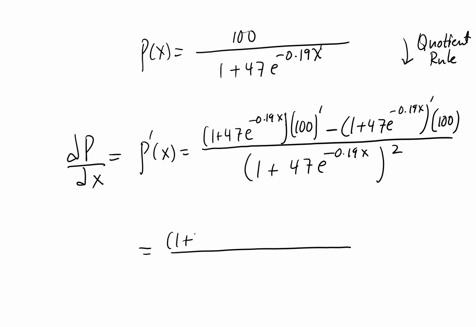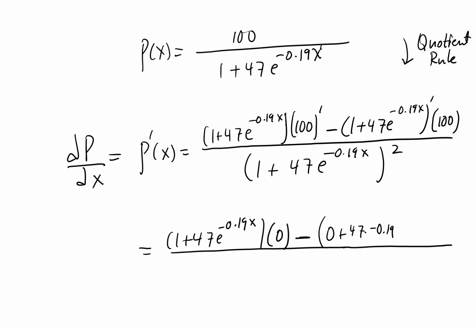So you got 1 plus 47 e to the negative 0.19x times 0, minus, derivative of this is 0 plus 47 times negative 0.19 e to the negative 0.19x, and keep the 100 the same. The denominator always stays the same, and you must write it at every single step.